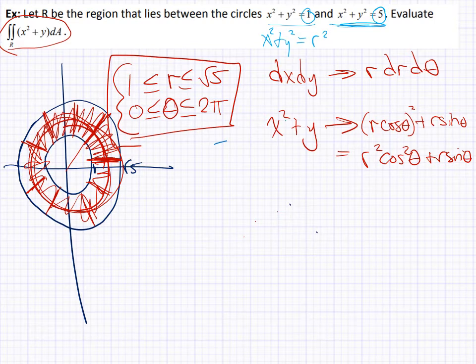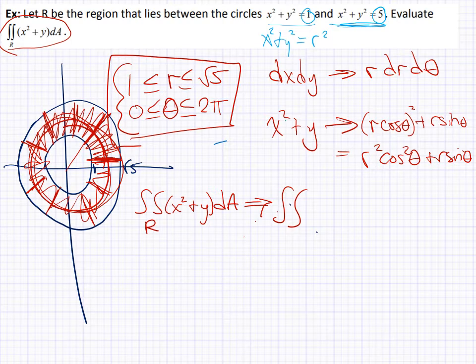So this integral of x squared plus y dA should turn into the double integral of r squared cosine squared theta plus r sine theta. That's the function now, times the differential dA, which is r dr d theta.